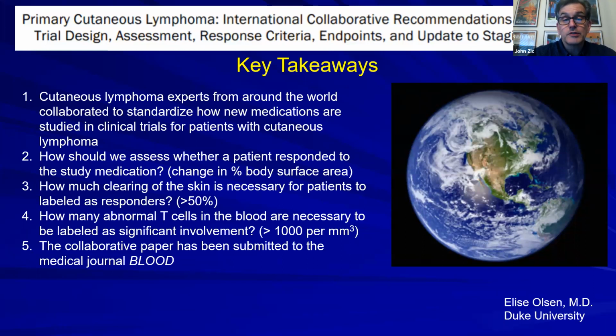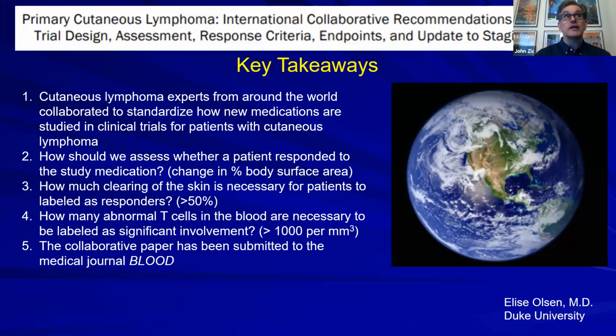And it can be used by physicians who are anticipating starting a clinical trial for cutaneous lymphoma, but also by the pharmaceutical industry and researchers who may be developing a new medication to treat cutaneous lymphoma. They can use this paper to assist them in designing the clinical trial, figuring out how we are going to assess how a patient has responded and what endpoints to use. So the endpoint might be just overall survival.